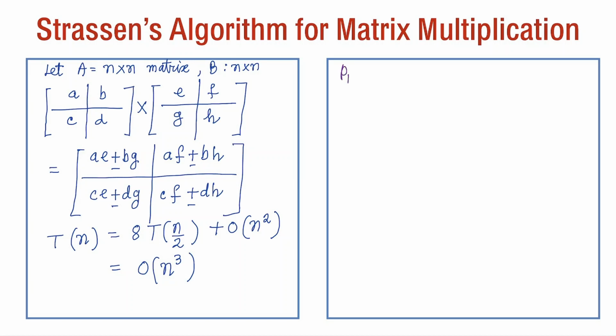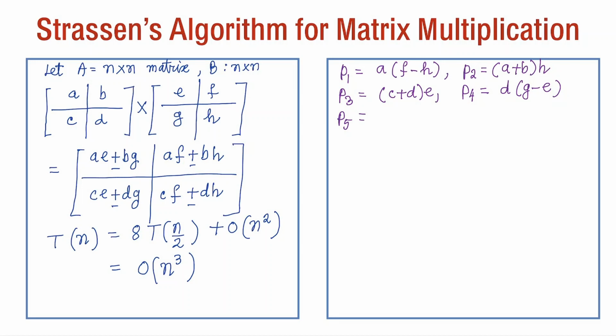It calculated P1 is equal to A into (F minus H). P2 is equal to (A plus B) into H. P3 is equal to (C plus D) into E. P4 is equal to D into (G minus E).